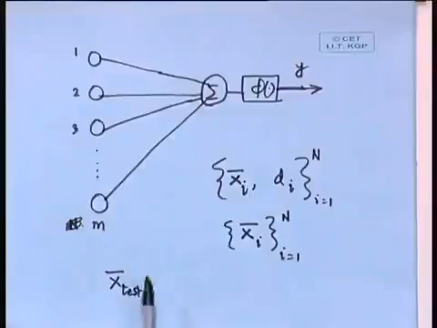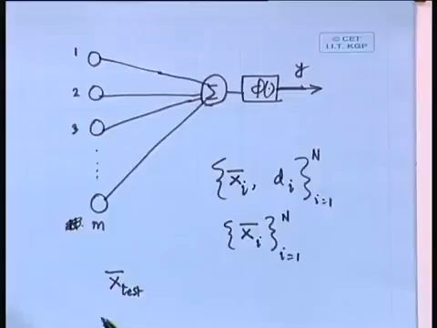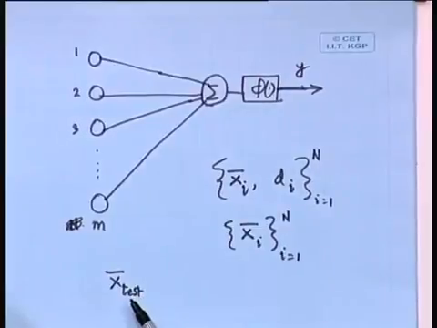In fact, all these X vectors are essentially m dimensional vectors because we are considering m different inputs to the system. So it is m dimensional vectors, and we are going to find out the Euclidean distances between the X test and each one of these Xi's which are already stored in our system.